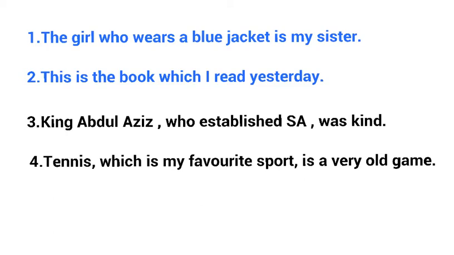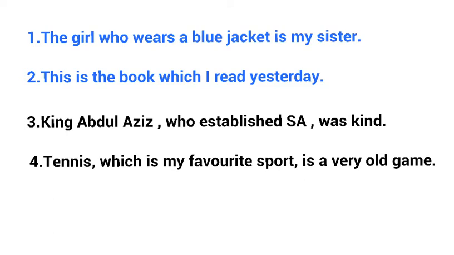Number one, the girl who wears a blue jacket is my sister. Number two, this is the book which I read yesterday. Number three, King Abdulaziz, who established Saudi Arabia, was kind. Number four, tennis, which is my favorite sport, is a very old game.